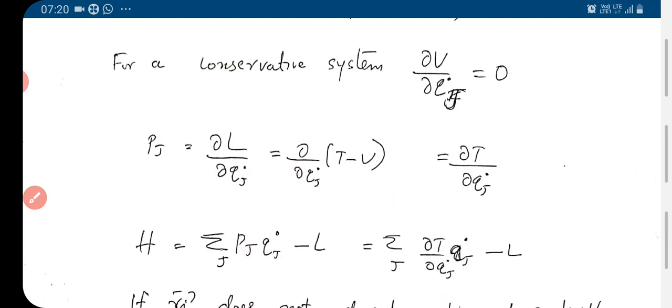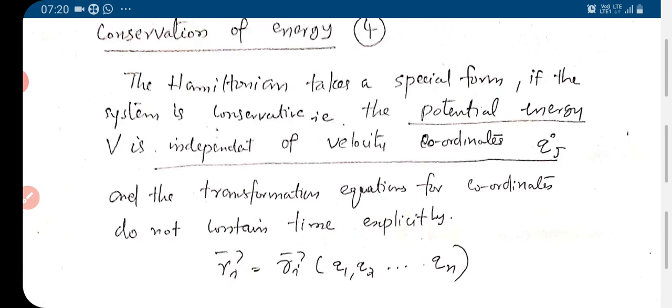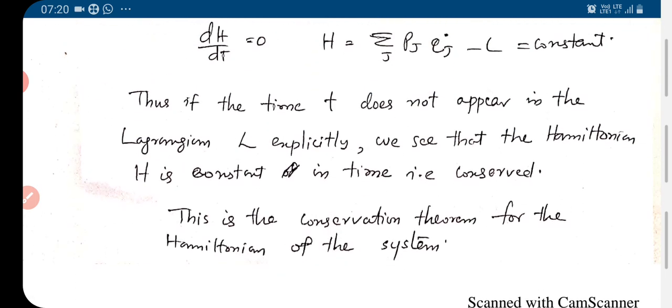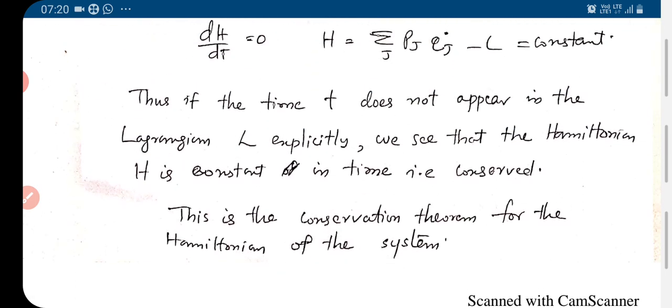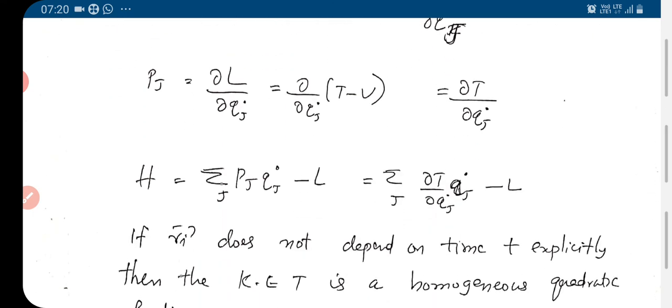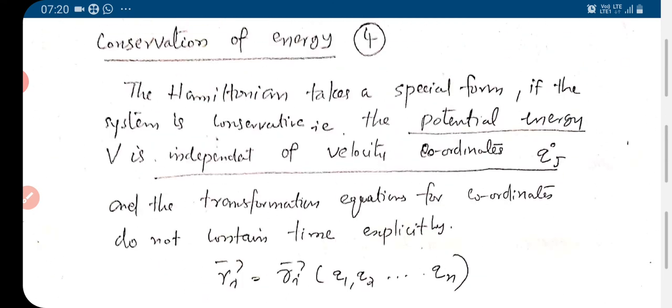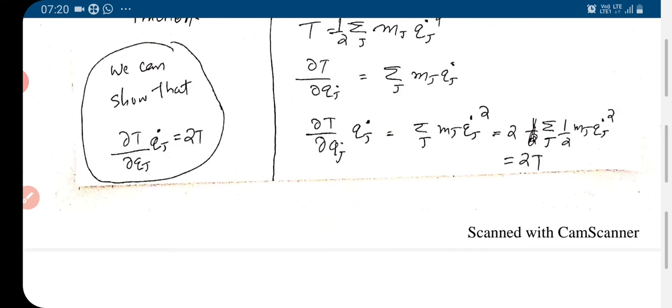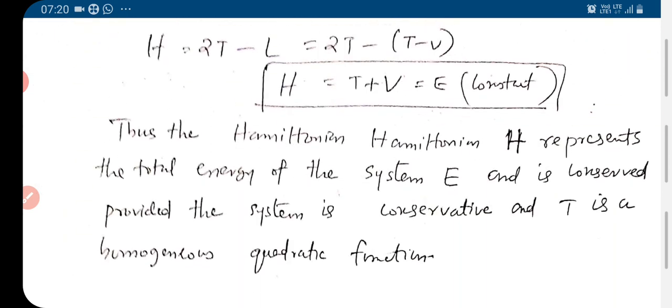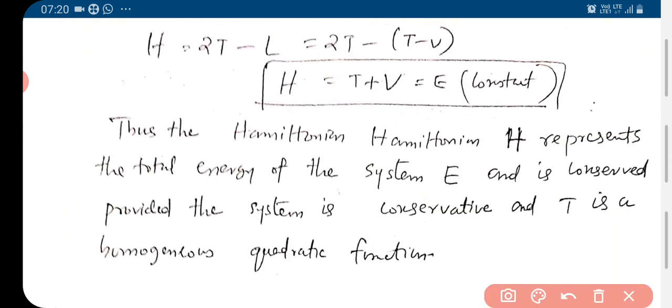So if L does not contain time explicitly, we had already seen the Hamiltonian function is a constant. Here time does not come in, so this will be a constant, the Hamiltonian T plus V. T plus V means the kinetic energy plus potential energy, that will be a constant.